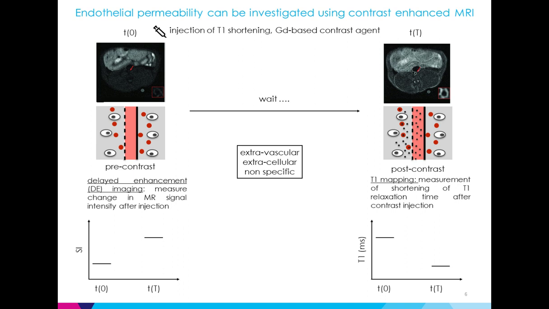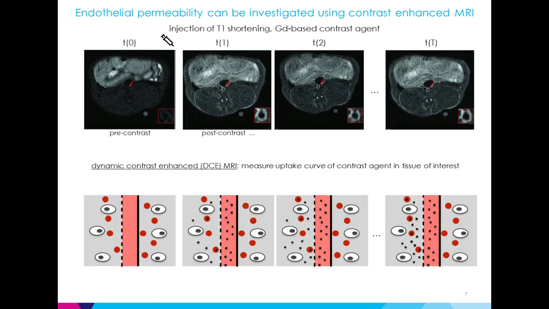Another way to measure contrast agent uptake is to quantitatively measure changes in T1 relaxation time that are caused by contrast agent injection. In this case, because these agents are T1 shortening agents, we're going to be looking at a shortening in T1 at a certain time T after injection, as it's schematically depicted here.